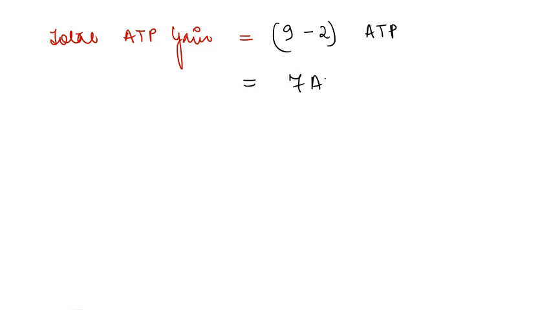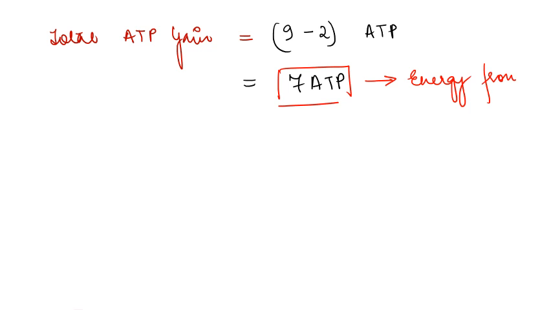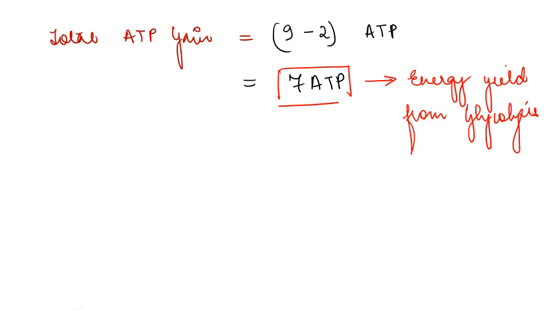So from glycolysis, we are getting 7 ATP. That is the energy yield from glycolysis, right?